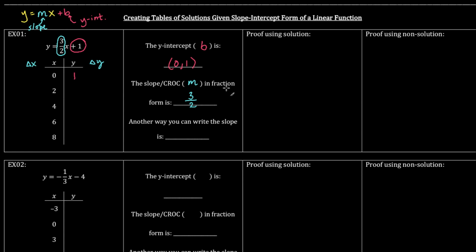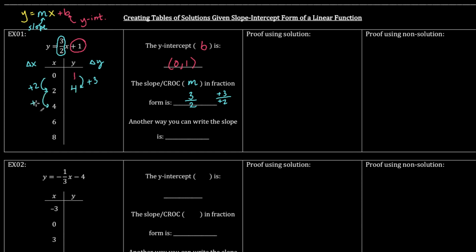So that means positive 3 over positive 2, plus 3 and plus 2. So it goes up 3, which makes it 4, and up 2, which makes it 2.